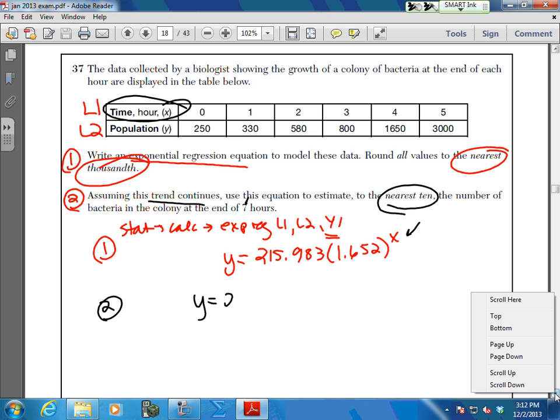Show the substitution first, using the equation you came up with. Then put it in your calculator. If you changed it in your Y1 on your calculator, you can certainly go to your table and pull it out. And make sure you round to the tens. If you round incorrectly, you lose a whole point in rounding.